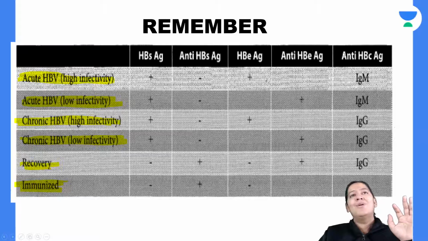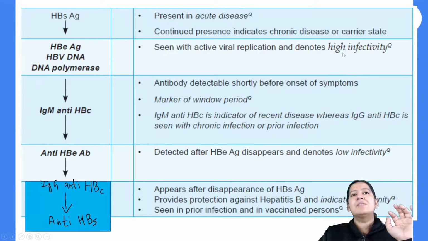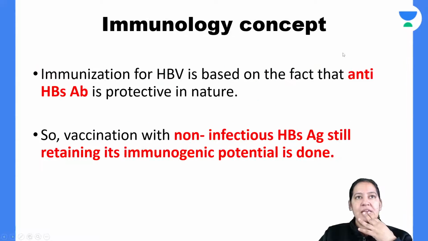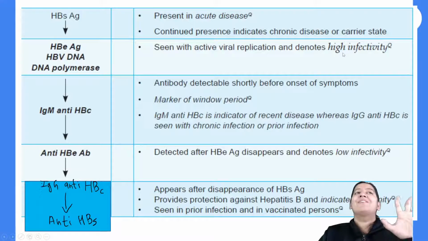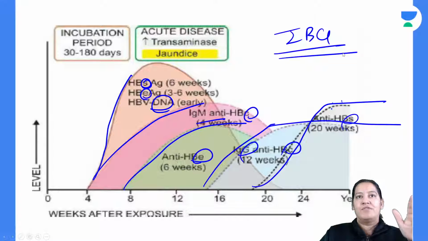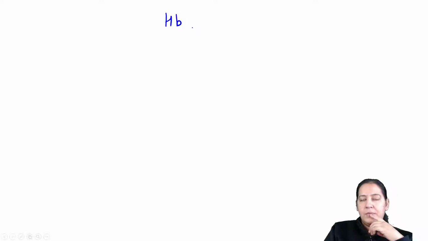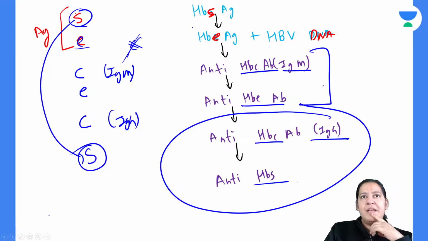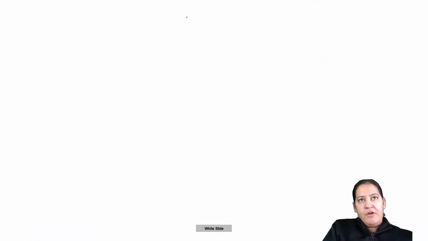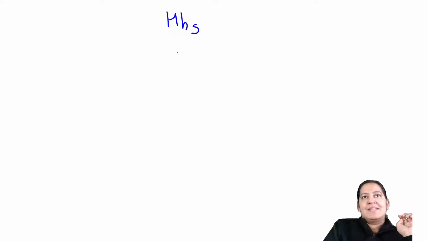Okay, the next thing: what is the relevance of each of them? Let me tell you the relevance. First, tell me the sequence. Who will help me with the sequence? It is hepatitis B. For the antigen, it is HBS and HBE.